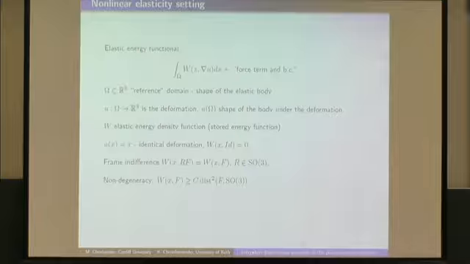Right. So what is this nonlinear term? Omega here is a reference domain, the shape of the elastic body before we applied any deformation to it. Now u, this function u here, is the deformation of this elastic body. So u of omega is the shape of the body after the deformation.